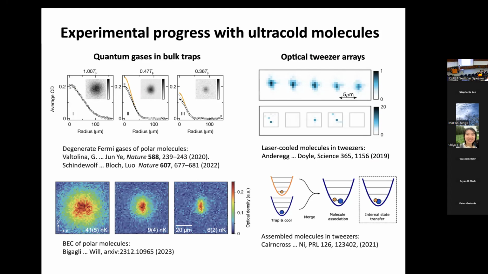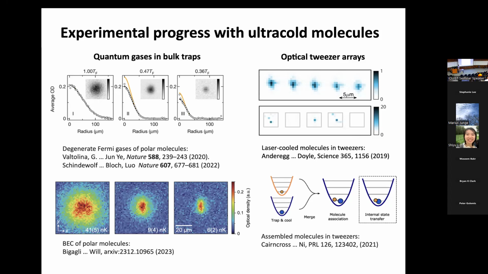So people spent a while learning how to make cold molecules. For example, one way is they've identified certain classes of molecules which can be laser cooled. It's very special classes of molecules. They have cycling transitions or near cycling transitions.